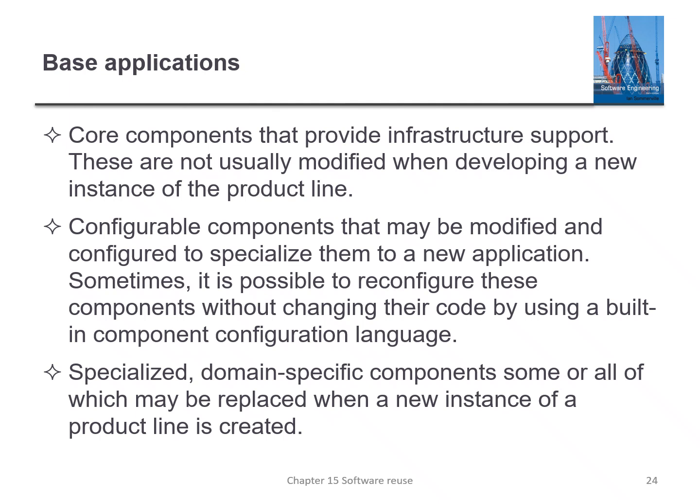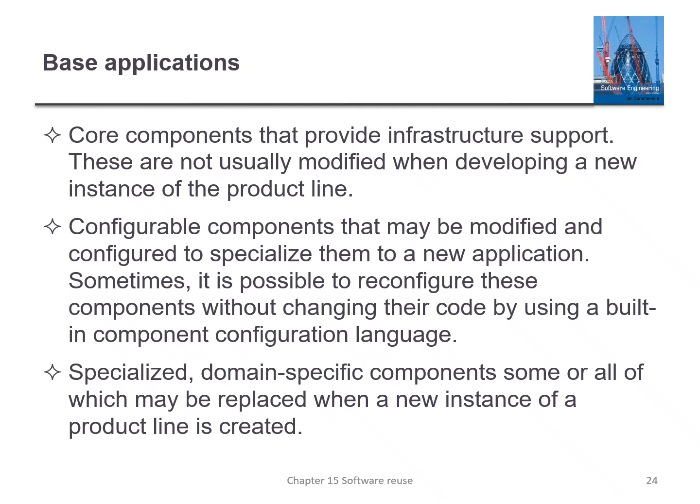So it provides the core function that gives you infrastructure support. These are not usually modified. You cannot modify them when you are developing a new instance of a product line where you create a new product. So you don't normally modify it, you are simply using it.